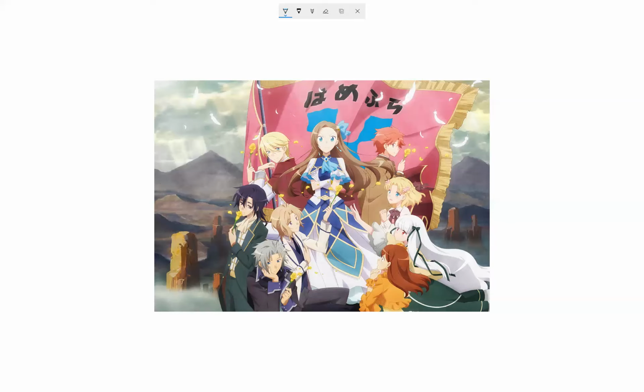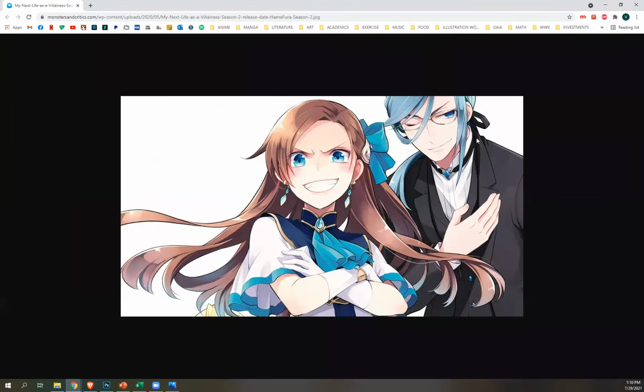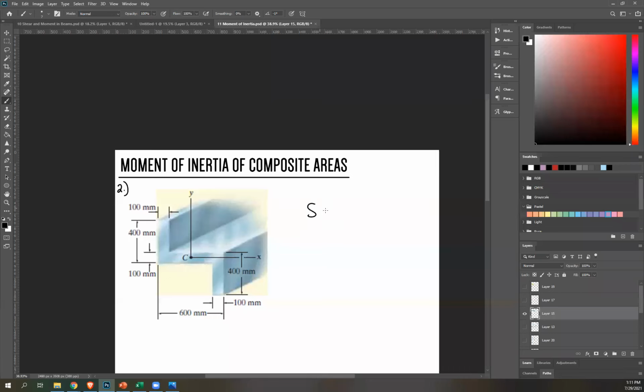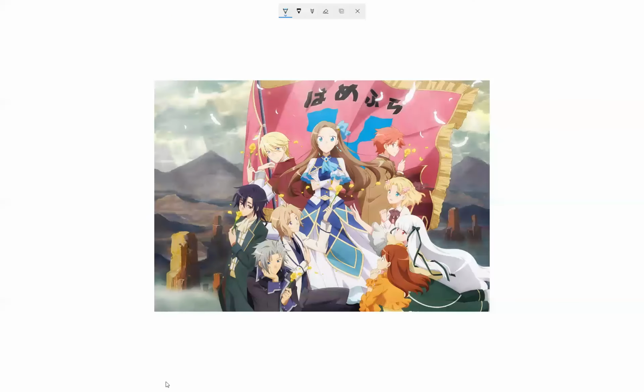My favorite character so far is in the second season, which is this guy, the blue-haired guy, and his name is Sora. I like his backstory. So that's it, I just wanted to share.